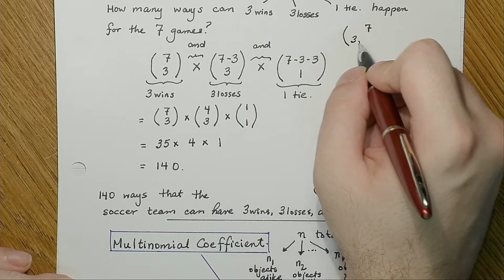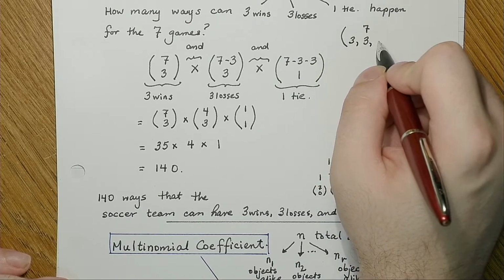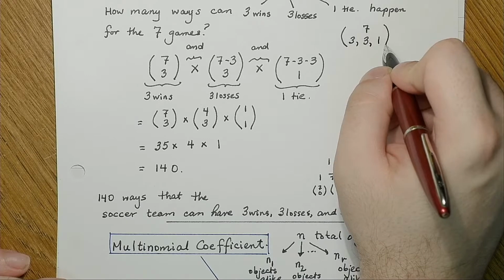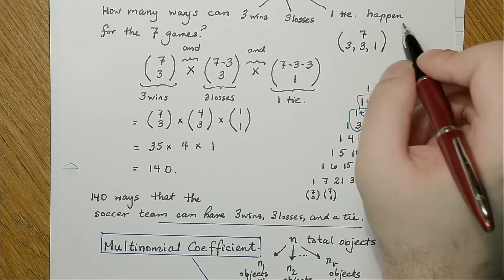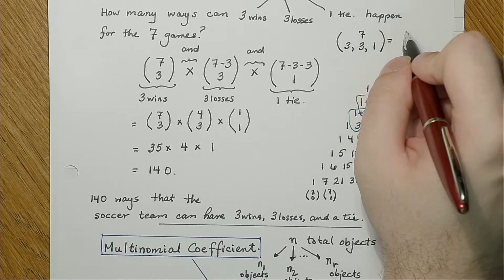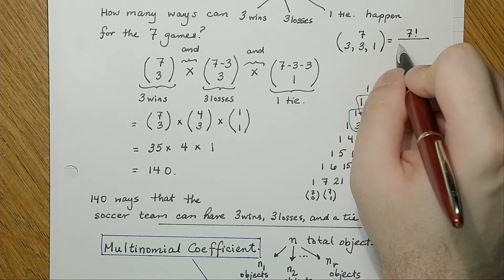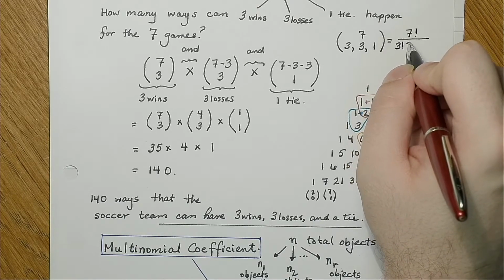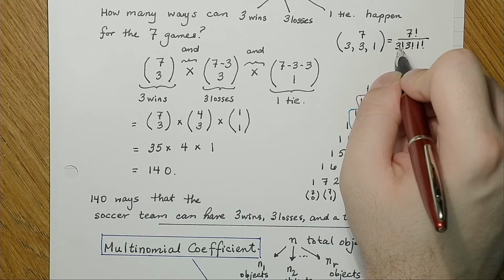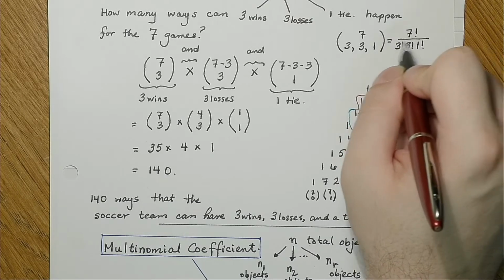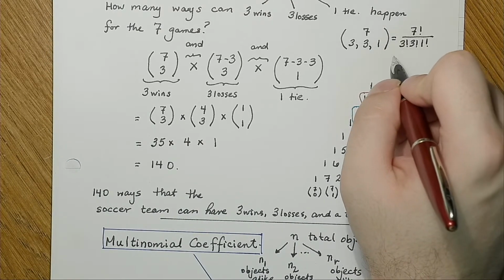So there's 3, comma, 3, comma, 1, which I can express as 7 factorial over 3 factorial, 3 factorial, 1 factorial. So again, 3 plus 3 plus 1 gives me 7, so that I've got all the objects in total.